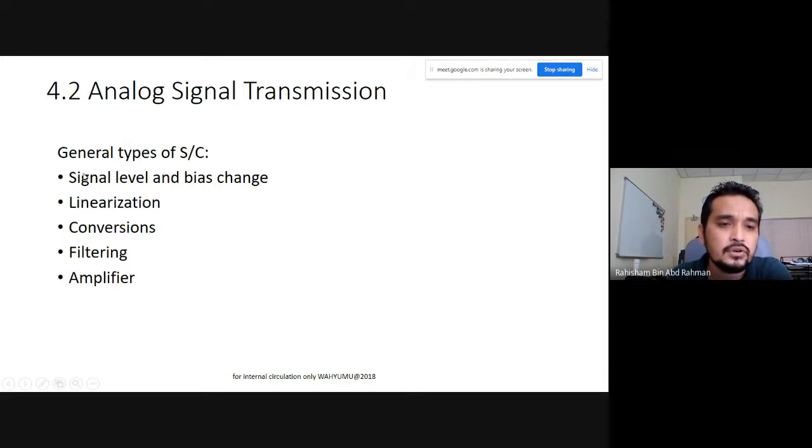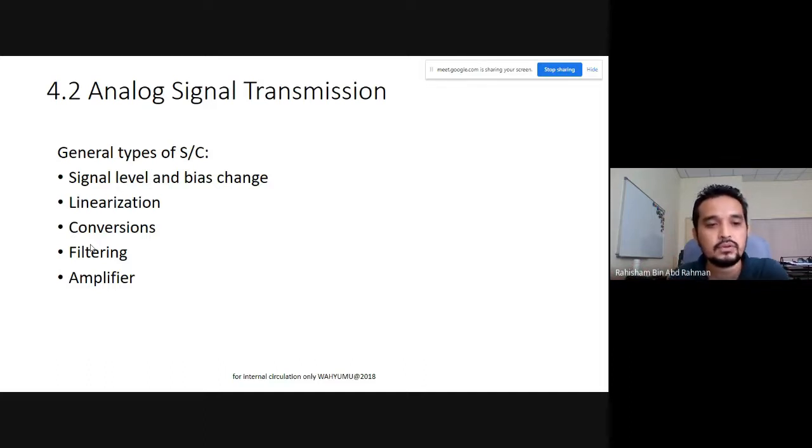For analog signal conditioning, we need to know the signal level, the bias change, the difference. We need to know the linearization and conversion, because sometimes we need to convert the temperature into current or voltage, because we want to know what the other element on the other side is.